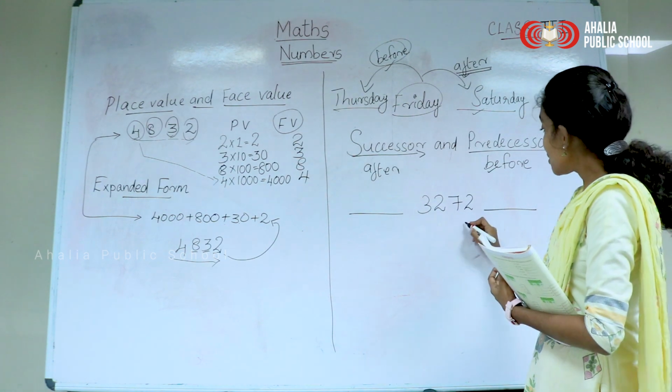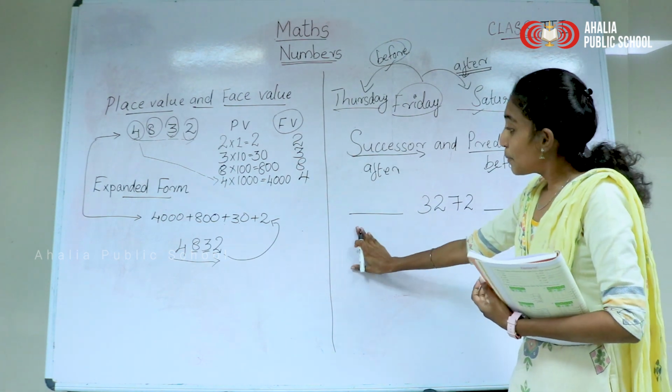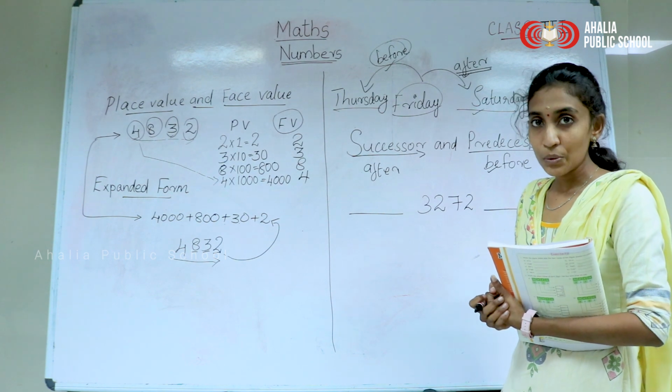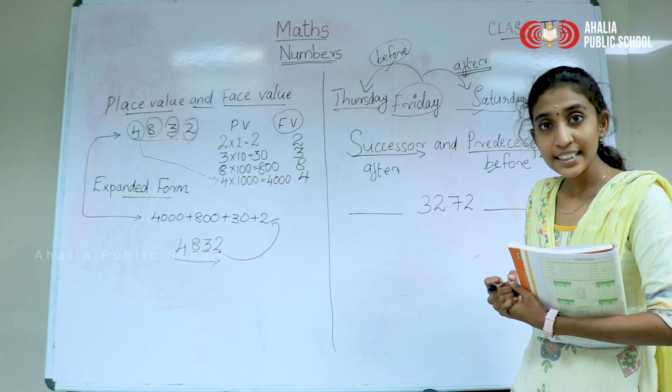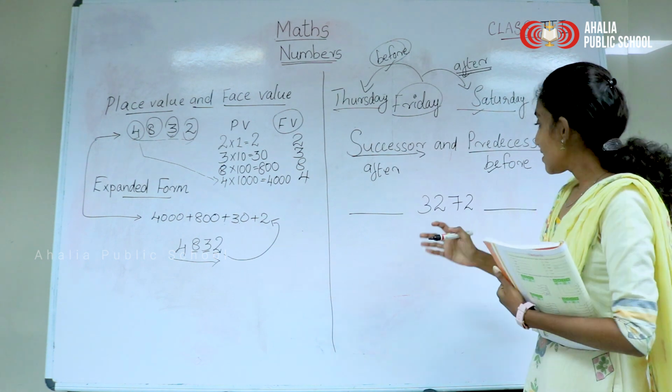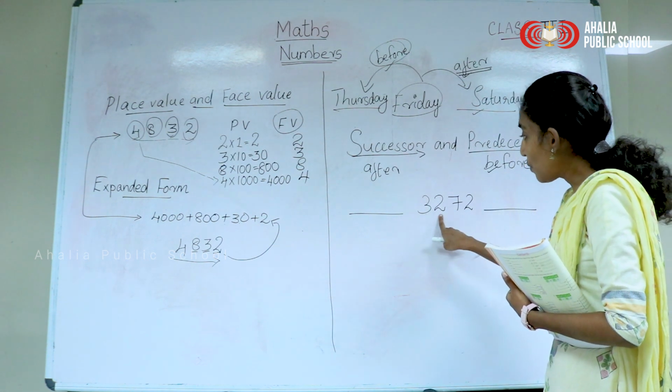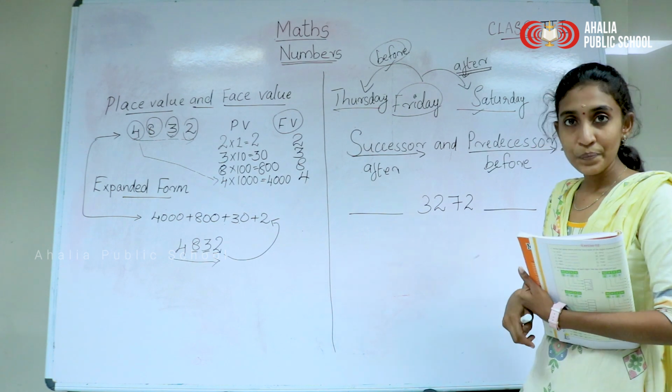3272ന് ശേഷം വരുന്ന നമ്പറും തൊട്ട് മുൻപുള്ള നമ്പറും. ഓക്കെ, ആദ്യം നമുക്ക് successor എഴുതാം. Successor എന്ന് പറഞ്ഞാൽ എന്താ? ശേഷം വരുന്നത്. So 3272 അല്ലേ?